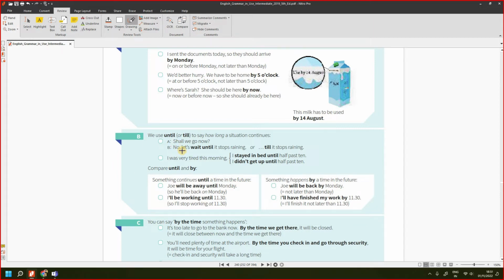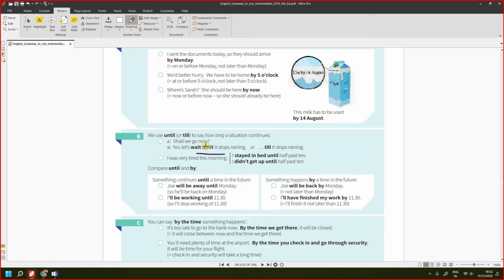Now, see: shall we go now? Then person B answers, no, let's wait until it stops raining. Or you can say, let's wait till it stops raining. Both of these sentences are correct. But I feel that saying until is nicer, so you use this one: let's wait until it stops raining.